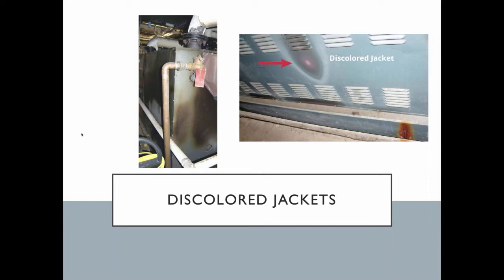It's telling me that the flue gases are not going where they're supposed to go, so they're coming up the side of there. So you're going to have carbon monoxide, and you're going to be spilling into the boiler room. So if you see something like this, make sure that you take care of it and make sure the system's safe.